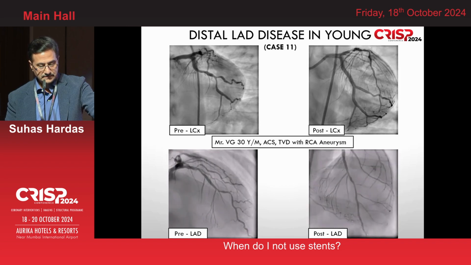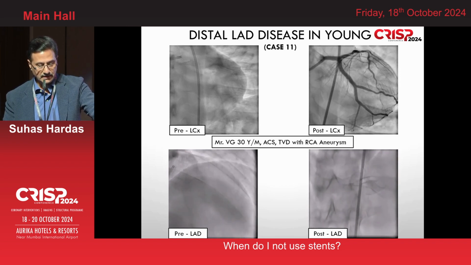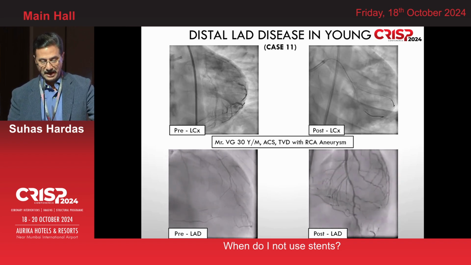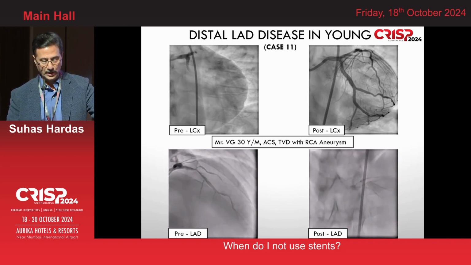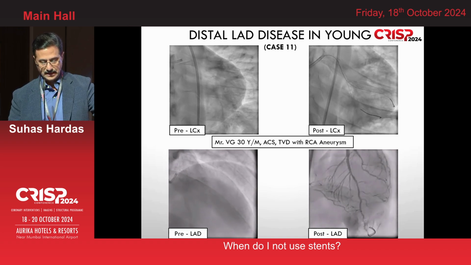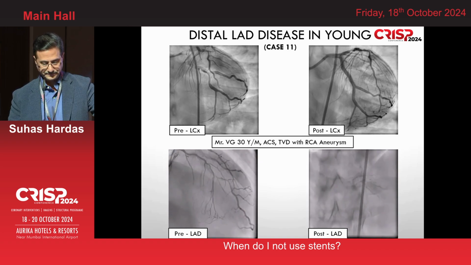This is another interesting case where a 30-year-old presented with acute coronary syndrome, a bifurcational circ OM, a bifurcational LAD diagonal, and you can see that the RCA is also filling retrogradely.